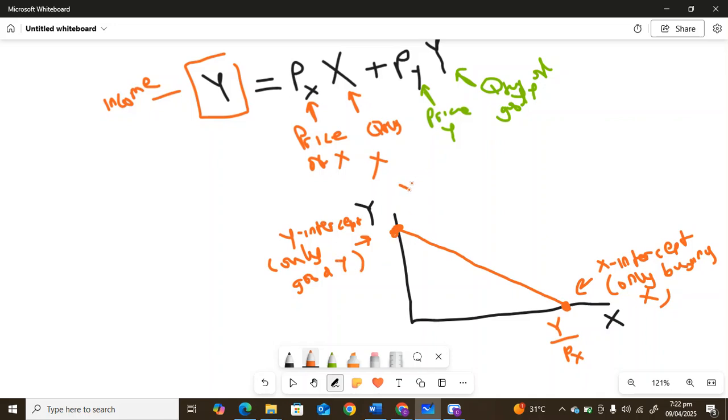How do we find our y-intercept? Well, we're only buying good Y. This is the formula here. I will illustrate this with a practical example.